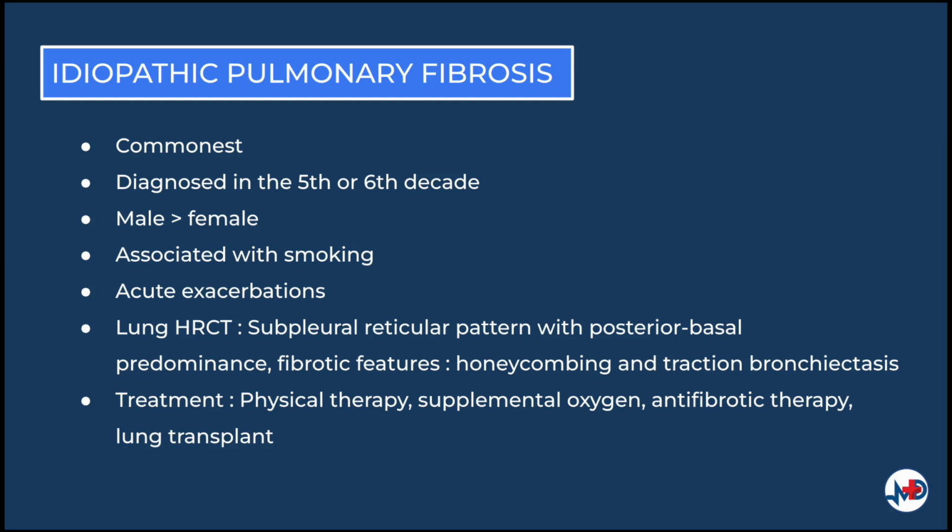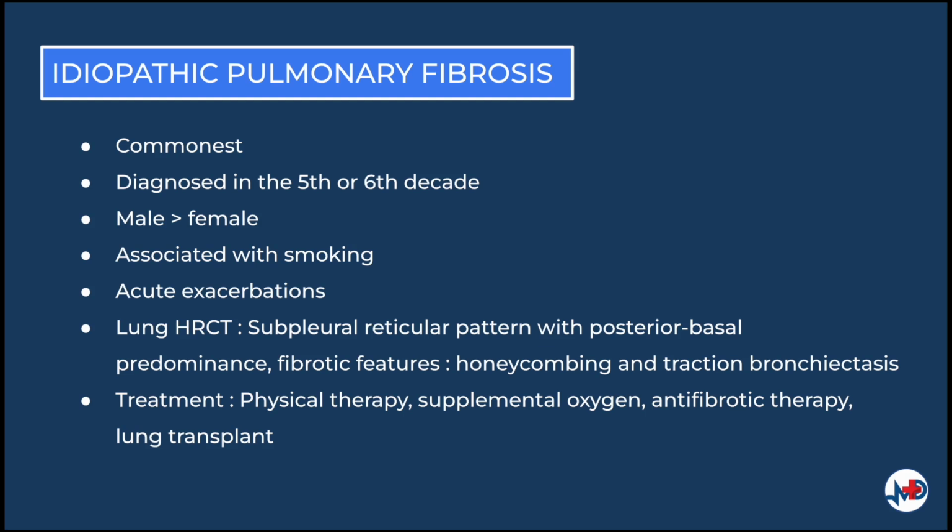Let's take a brief look at the common features of this condition. It is commonly diagnosed in the 5th or 6th decade, more often in males than females, frequently associated with smoking. There's a 3 to 5 year survival rate of 50%. It may be associated with acute exacerbations.